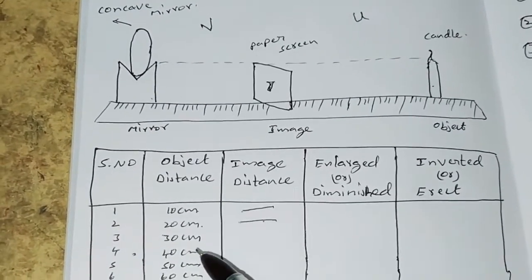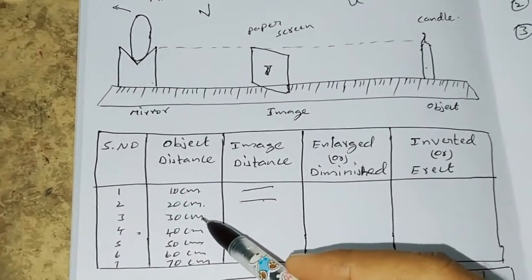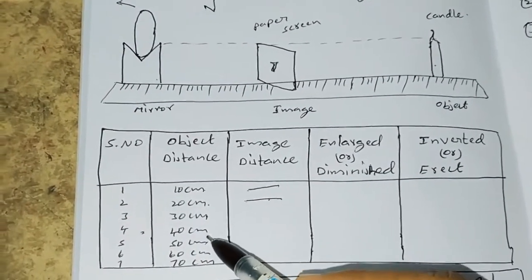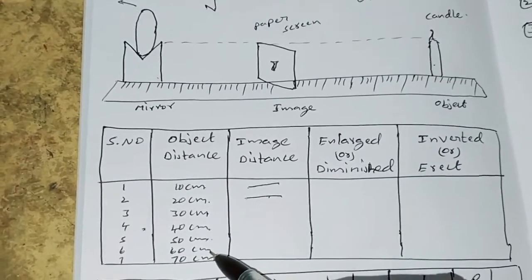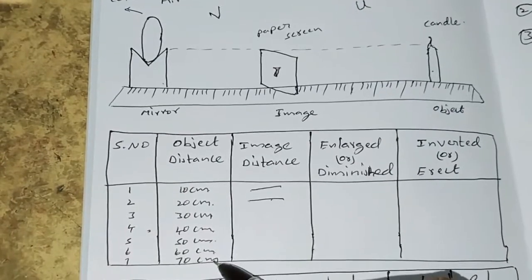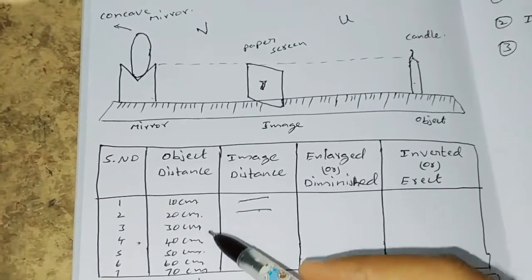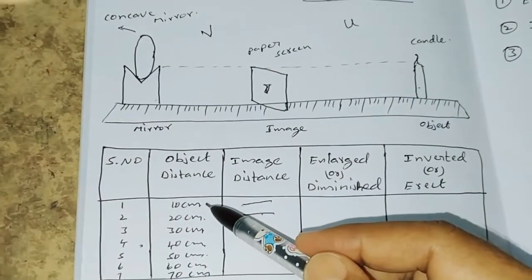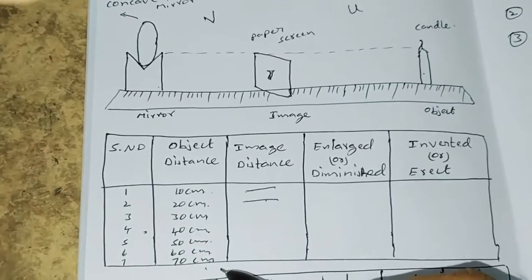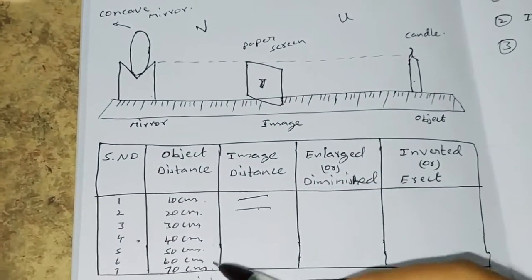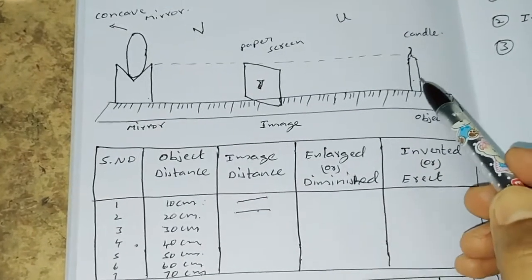Like this, you have to repeat the same activity for object distances of 30 centimeters, 40, 50, 60, 70, and 80 centimeters. That means you have to repeat the activity from 10 centimeters to 80 centimeters. What is this 10 to 80 centimeters? That is the object distance.